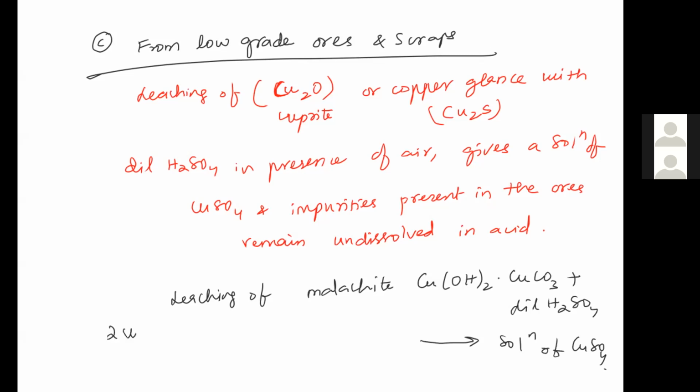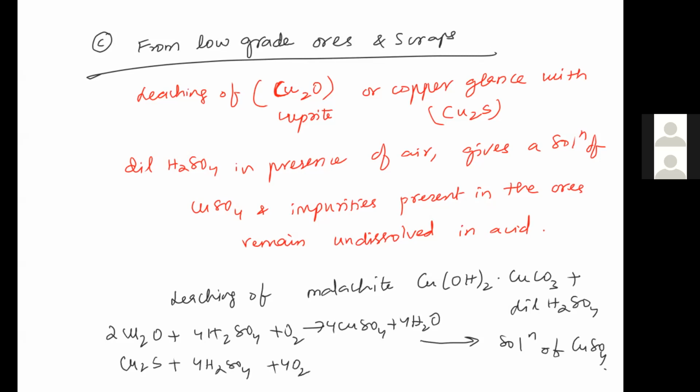So 2Cu2O plus 4H2SO4 plus oxygen gives rise to 4CuSO4 plus 4H2O. Same with Cu2S plus 4H2SO4 plus O2 gives rise to 4CuSO4 plus 4H2O plus SO2. Same with malachite also.